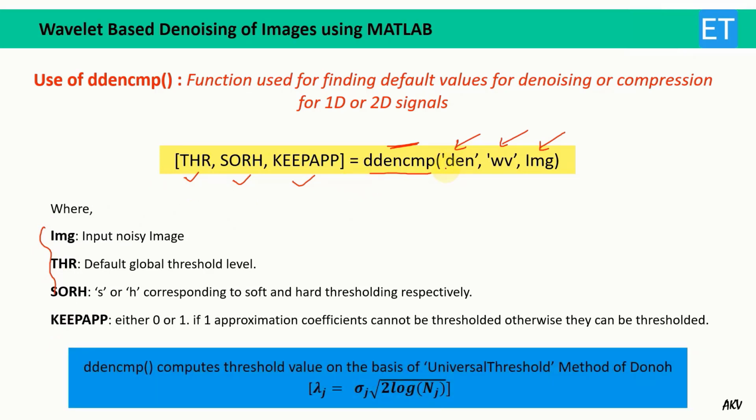So let me show you its example code, but before it, how it computes the threshold. Actually, this threshold is computed on the basis of the universal threshold method, which is also known as the square root log method, which was given by Donoho, and this is given as sigma j, that is the noise variance, times square root of 2 log n j at the jth level, where n j is the length of the wavelet detail coefficients.